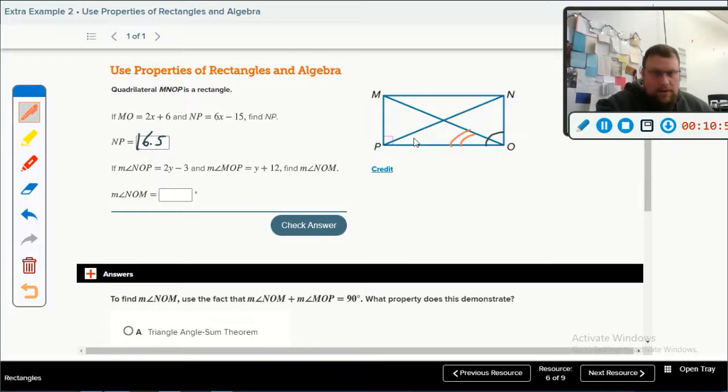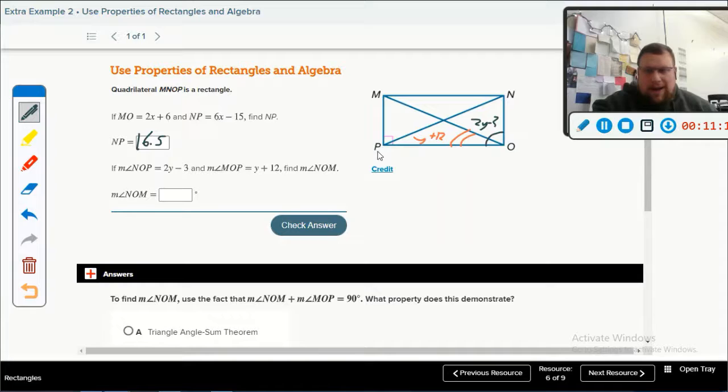So this is y plus 12. And the original, I didn't write it down, is 2y minus 3. There's a couple ways I could approach this. We do have a theorem that says if there's even one right angle, they're all right angles.